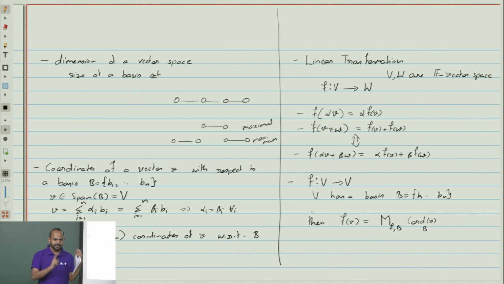But once you fix a basis, your vector space will consist of tuples of real numbers. The coordinates of every vector is nothing but a tuple of real numbers, right. So, if you have a real vector space and if you fix a basis for it, your vector space essentially becomes real column vectors.